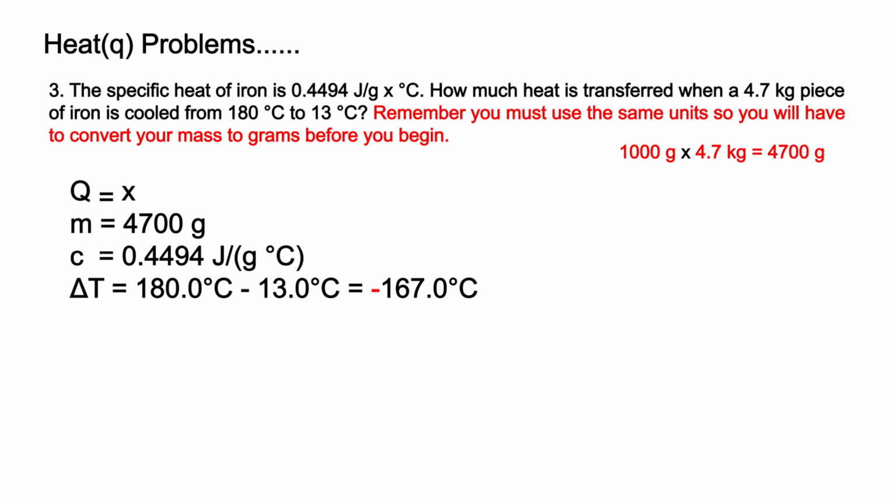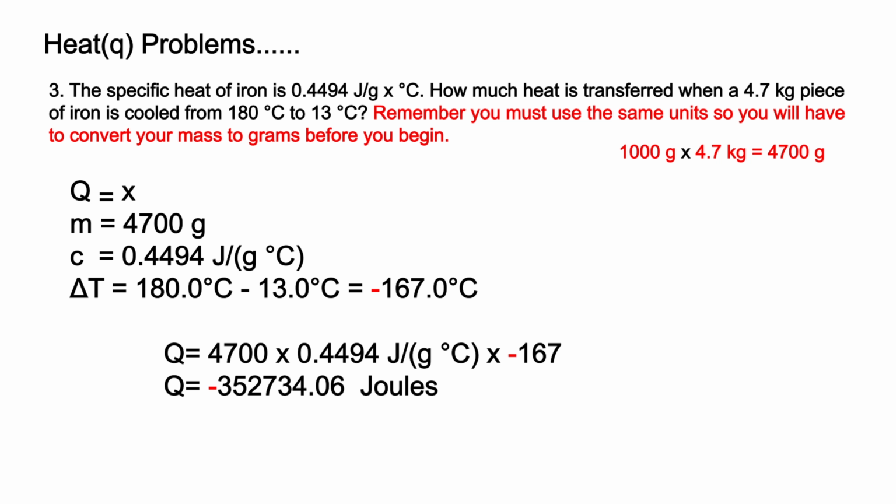And here's the equation: 4700 times 0.4494 joules per gram times negative 167. And we will have negative 352,734.06 joules.